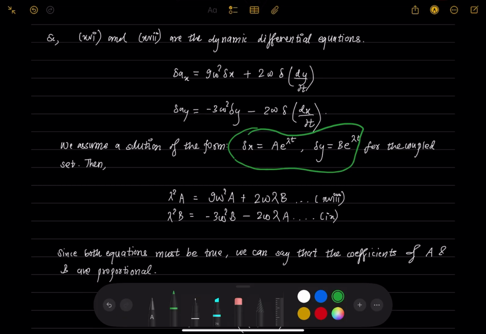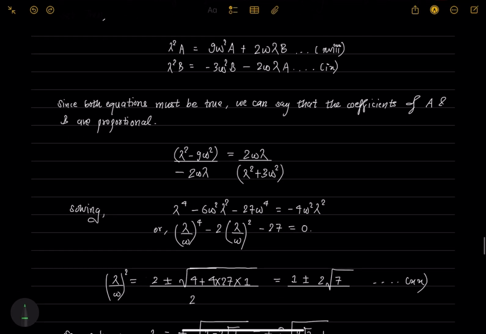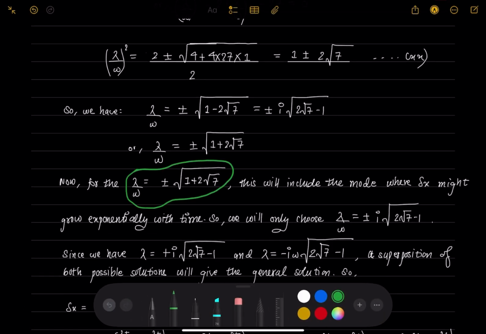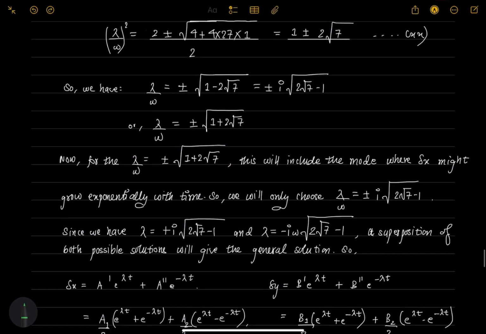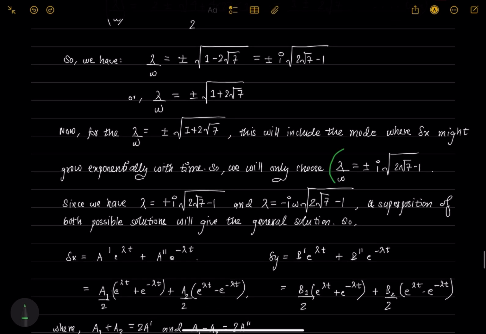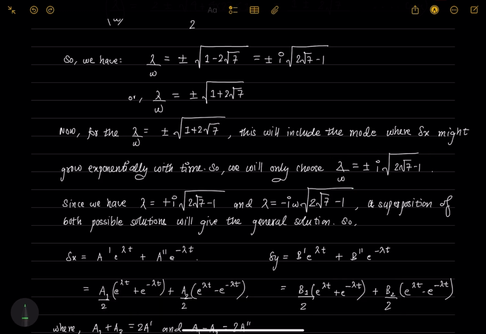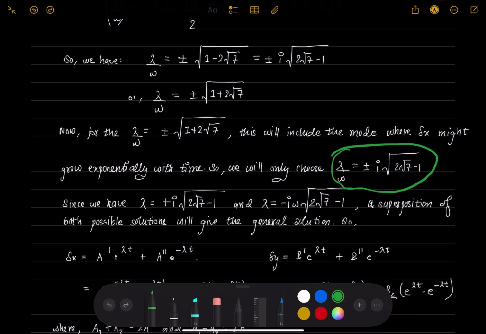There exist values of lambda that are positive and negative. And there also exist imaginary values once we solve that equation. And we lean in more towards the imaginary values of lambda, because if we lean towards the positive roots, then we'll also get an exponentially growing solution.